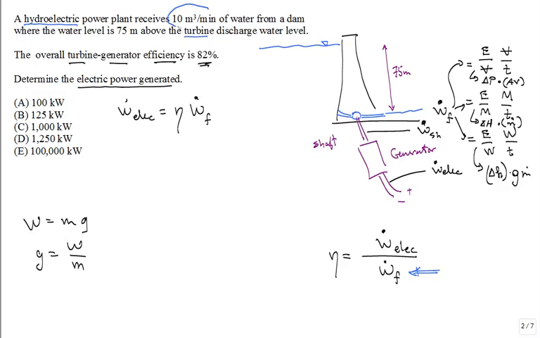What is this information? 10 meters cubed per minute. Is that a mass flow rate, a weight flow rate, a volumetric flow rate? Yeah, it's a volumetric flow rate. So I can say the volumetric flow rate, V dot, is 10 meters cubed per minute. If I knew the change in the pressure across, then this would be really straightforward.